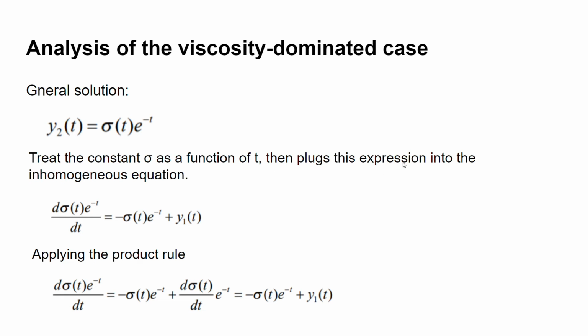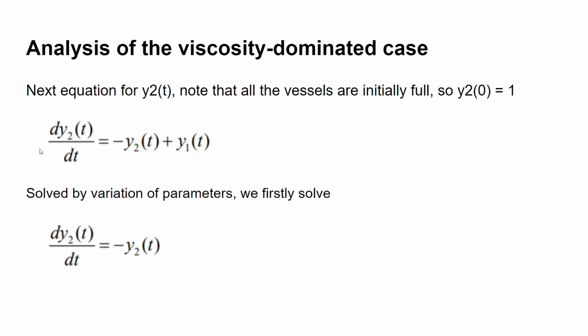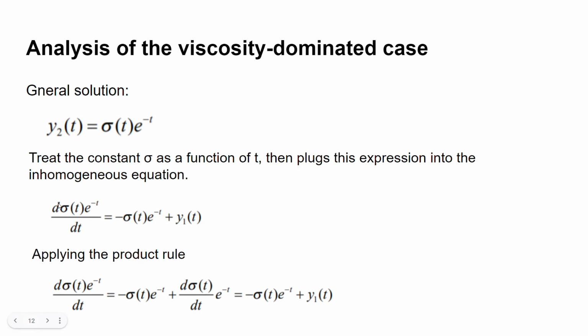Then we plug this equation into the inhomogeneous equation. We get d/dt of σ(t)e^(-t) equals -σ(t)e^(-t) + y₁(t). Then we apply the product rule.